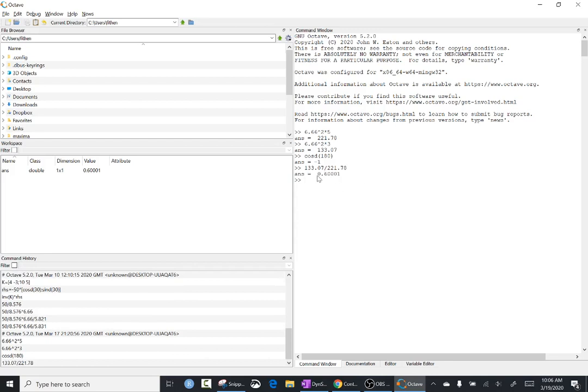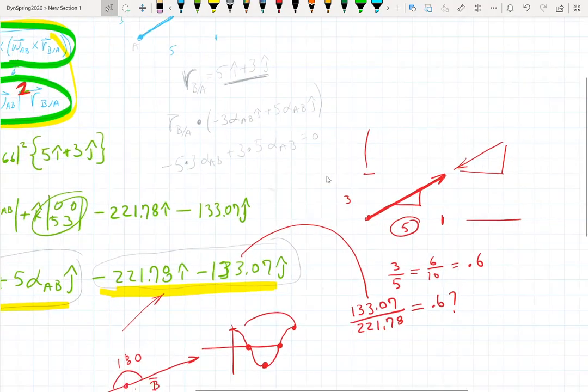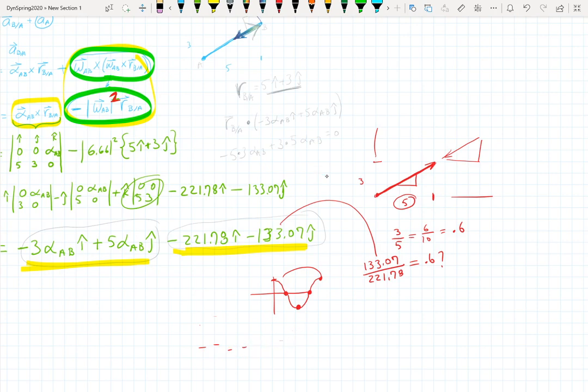So not too surprisingly, it gives me that rise over run, or 0.6. So in fact, that's probably a better way of looking at it. This was a check. What I just did here was kind of checking to make sure that the answers I got made sense.